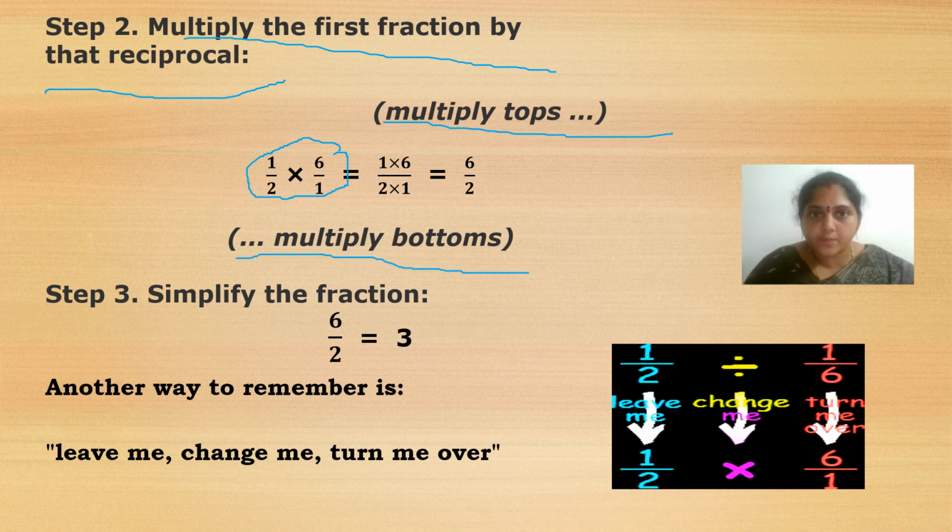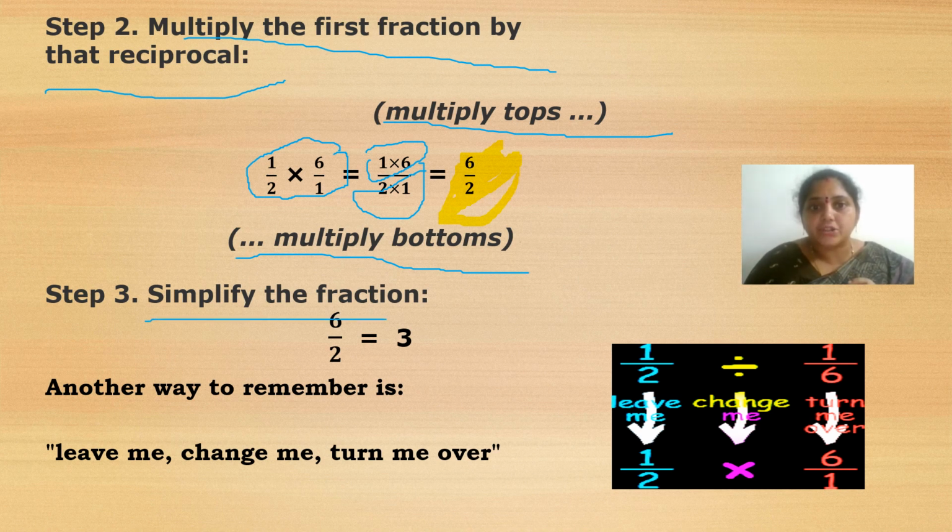What are our tops, that is numerators? 1 into 6 and 2 into 1, and the fraction you will get is 6 by 2. Now this is the fraction you have got after doing the inverse, that is, in the reciprocal case.